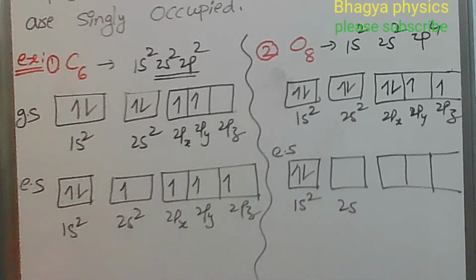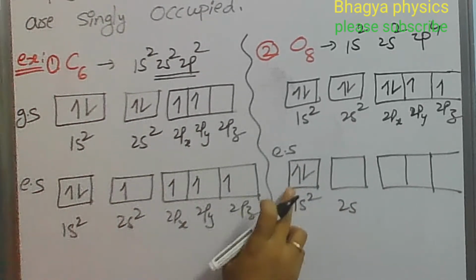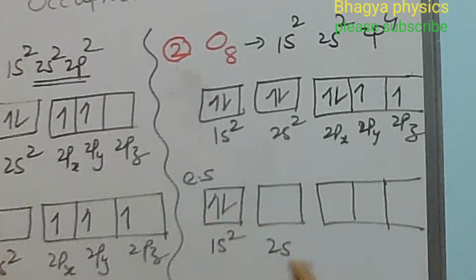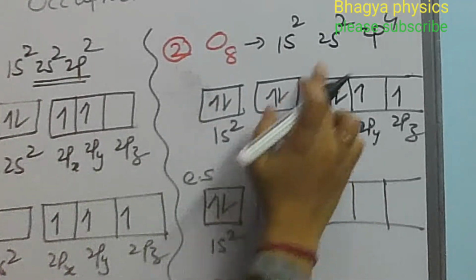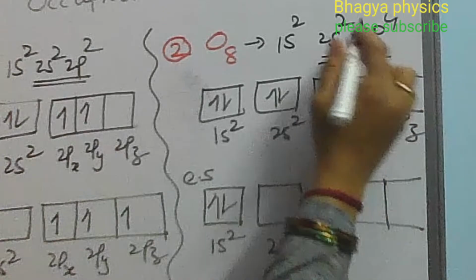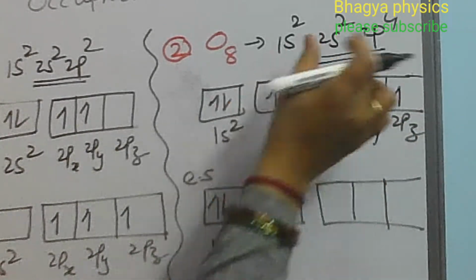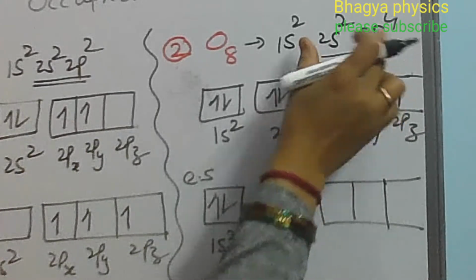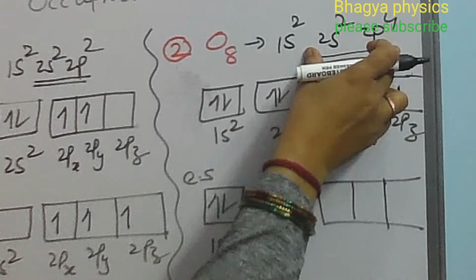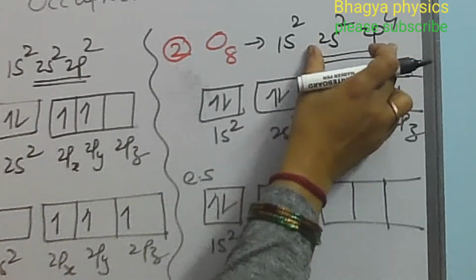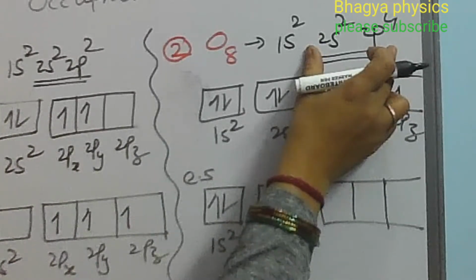Two electrons occupy with different spin. The second orbit contains 2 plus 4, that is 6 electrons. The electrons present in the outermost orbit are called valence electrons. So how many valence electrons are there? 6 valence electrons.